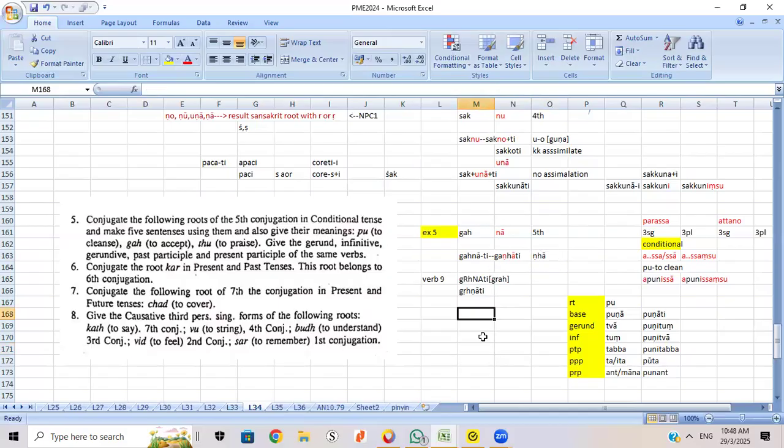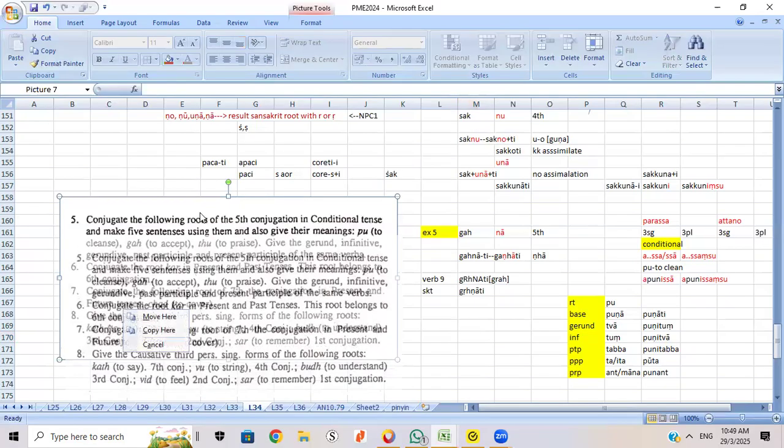Compare between Sanskrit and Pali. This is Sanskrit, SKT. Okay, clear or not? I think it's clear. So once you form Gandhati, then it's a lot easier. For this one, I take number two to do. Number two is a lot easier.